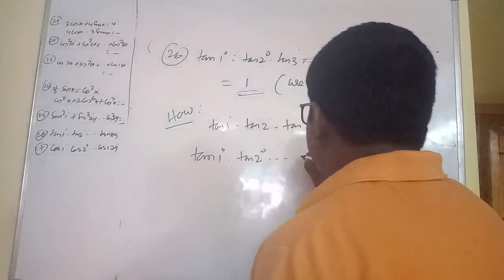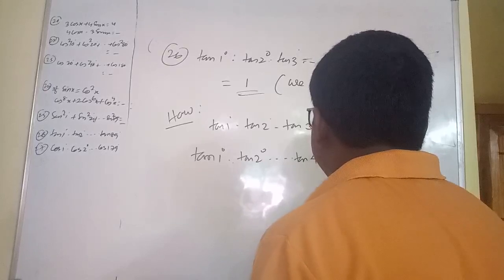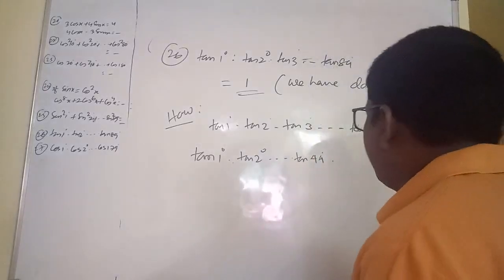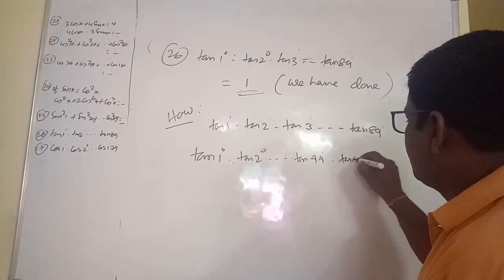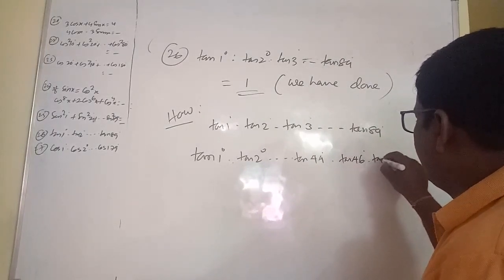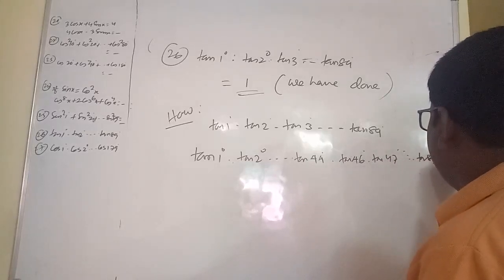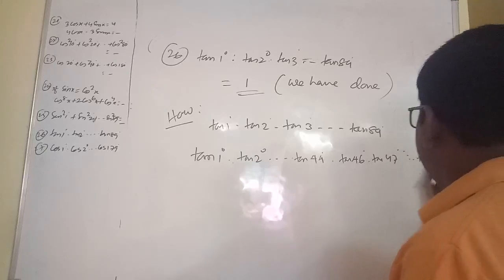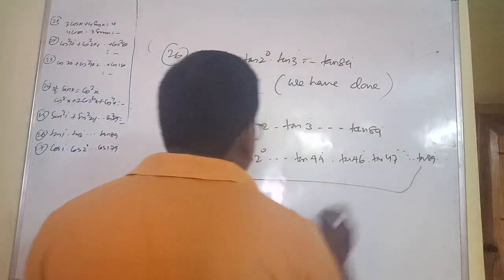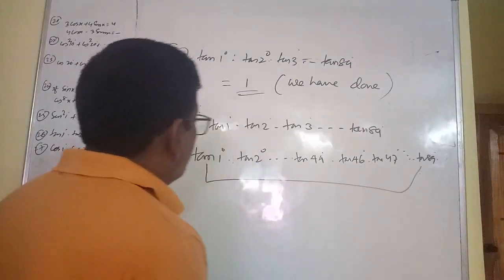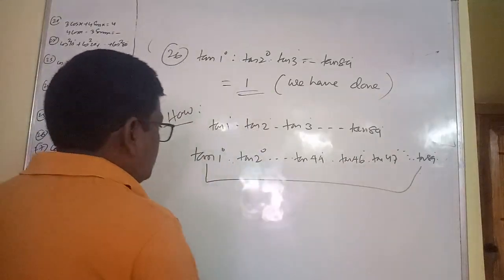Similarly, tan 46, tan 47, like this up to tan 89. So tan 89 into tan 1: tan 1 degree into tan 89 is equal to 1.